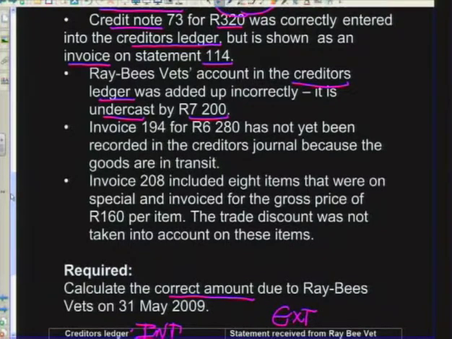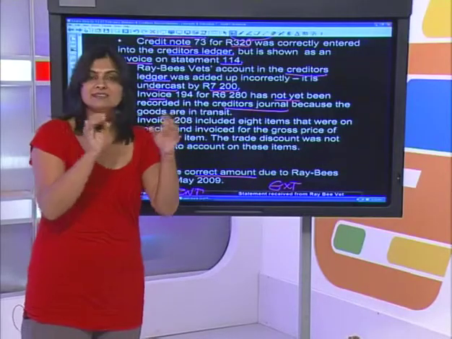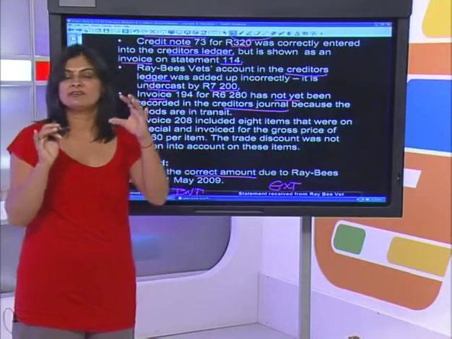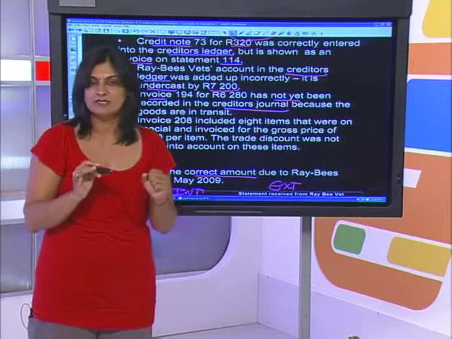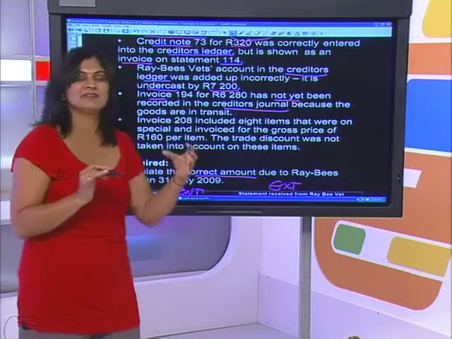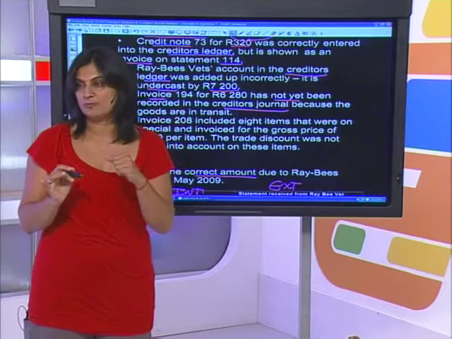Right, guys, next error. Invoice 194 for 6,280 Rand. So we've got an invoice, 6,280 Rand, that has not yet been recorded in your creditor's journal because the goods are in transit. In other words, it's appearing in the statement because your creditor has already sent the goods, but the goods are still in transit, they haven't arrived at your shop itself.